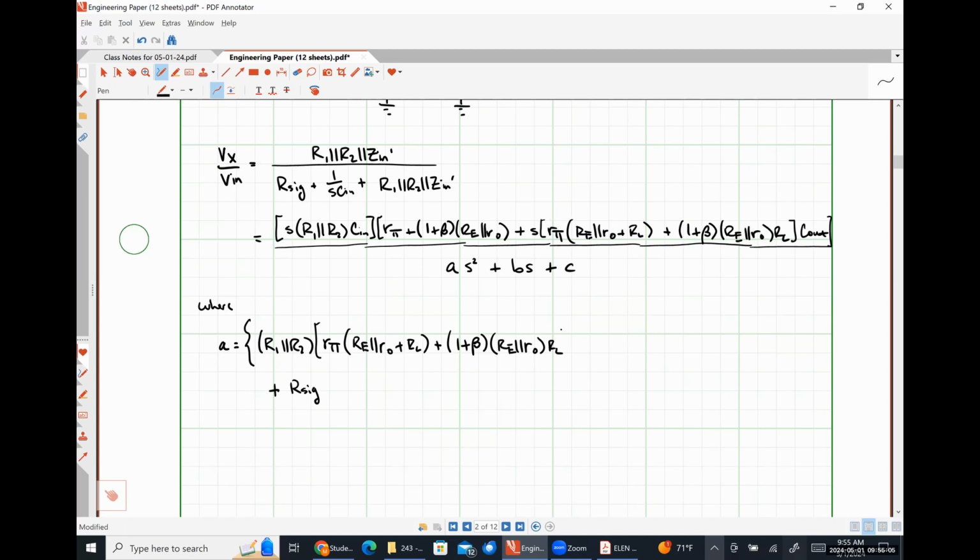Sorry, actually, I need to close this bracket here. Sorry about that. R sig times R pi plus R1 in parallel with R2 times RE in parallel with R naught plus RL, plus 1 plus beta, RE in parallel with R naught times RL.